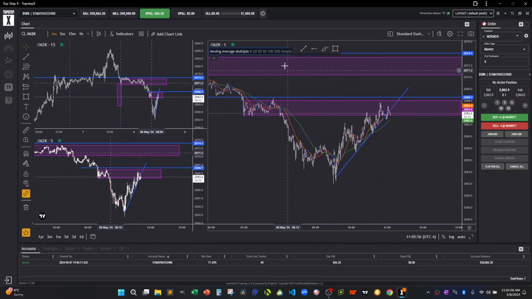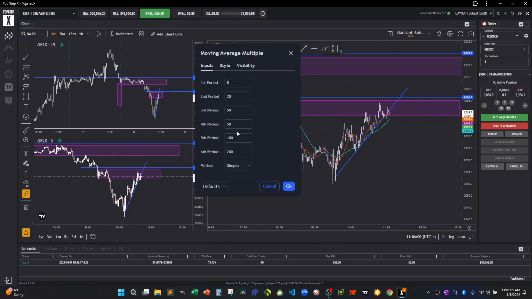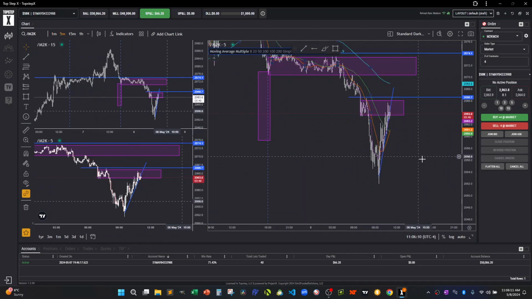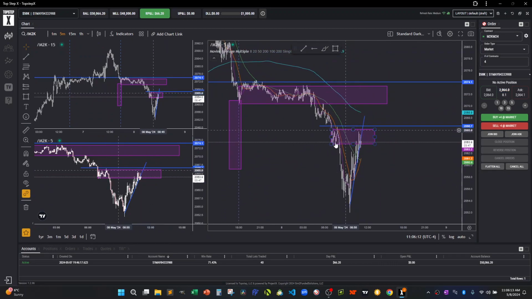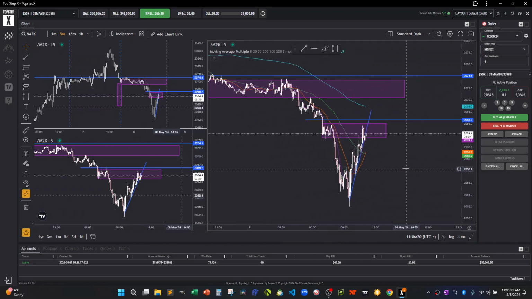Now that would be the 200 way up here that I would be thinking of. So that's going to be coming there. Then most people will want to look at a higher one. There we go. There's that 50, 200. So you can kind of visualize where everything's going to be.